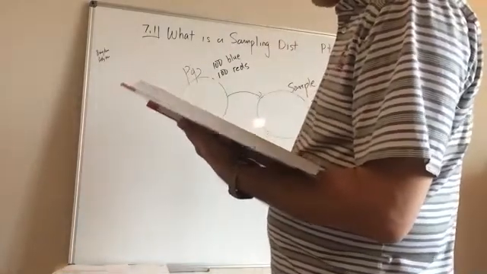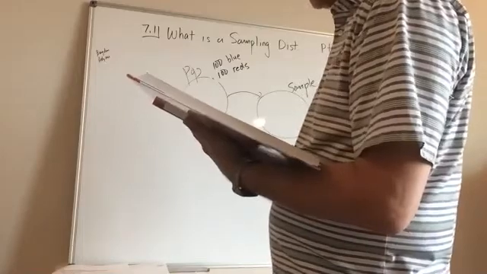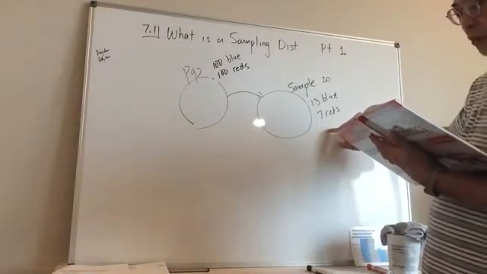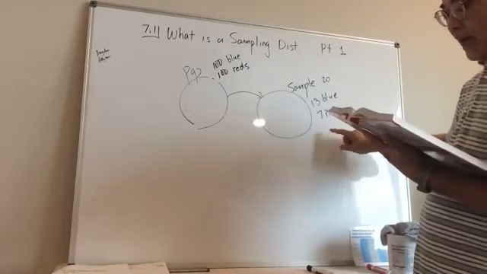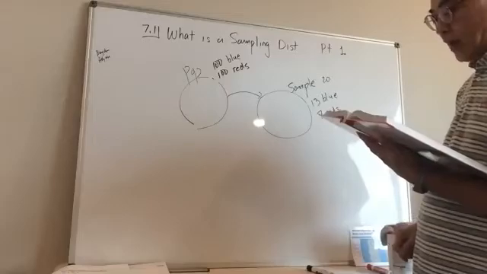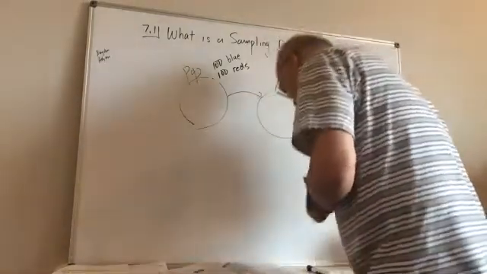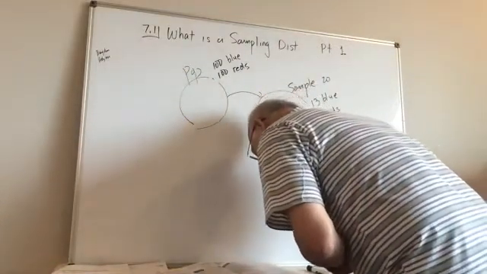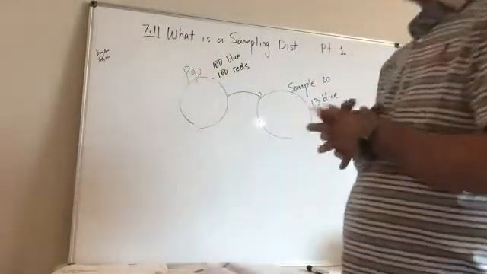D, would it be surprising to get a sample proportion of 0.35, which is what we got here, or smaller in an SRS of size 20 when the actual p is 0.5? So justify your answer. If you look at the sampling distribution, and I have 0.35, is that really far off?